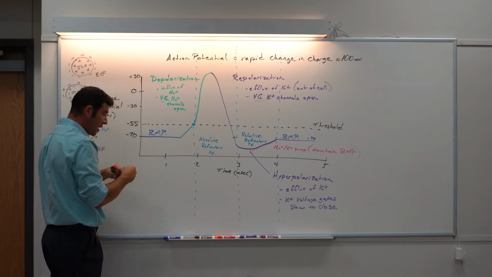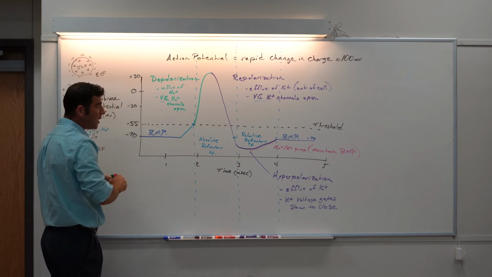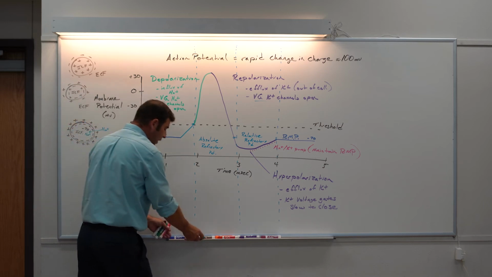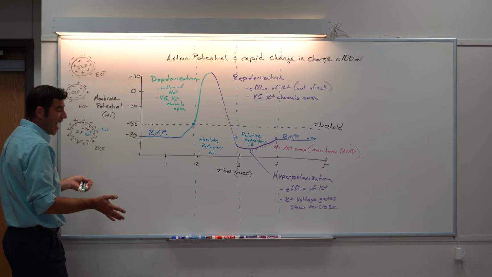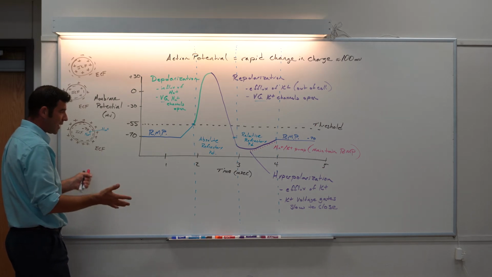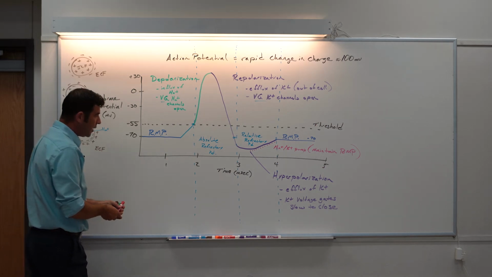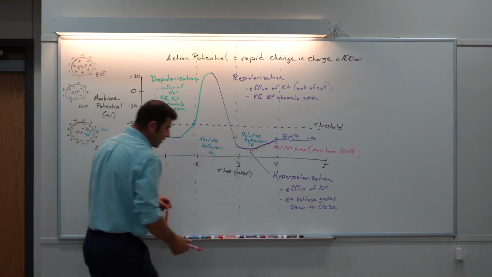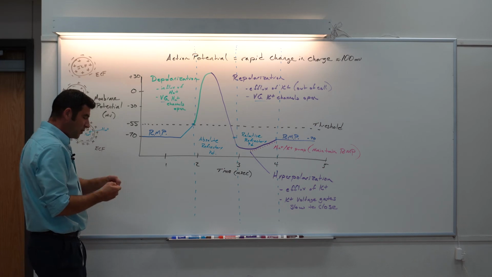I keep mentioning this threshold value, and I said that we would compare graded potentials versus action potentials. And in this graph, now that we've graphed an action potential and this electric activity of a neuron, let me maybe add one more thing to this, which is the comparison between graded potentials and action potentials.